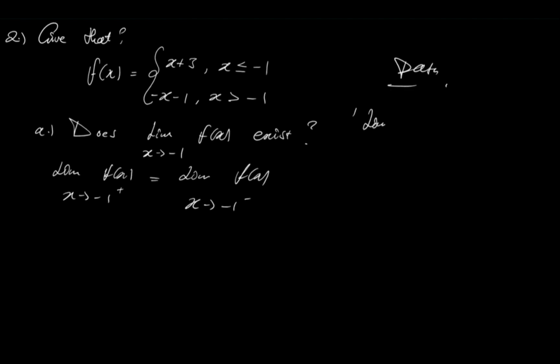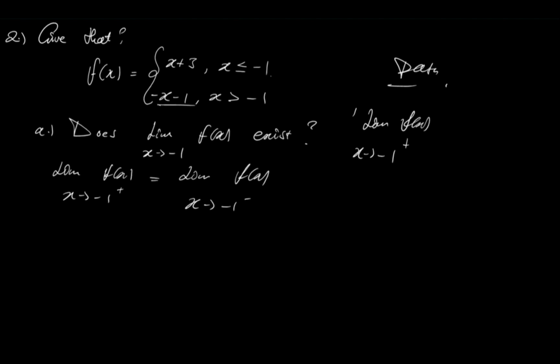We can check the limit of f of x as x approaches negative 1 from the positive. From the positive hand side, we're looking at values that are greater than negative 1. Because if we get x being less than or equal to negative 1, then we're not looking at the values that are greater than negative 1, but we need x being greater than negative what? 1, because we're trying to look at the values where x is approaching negative 1 from the positive hand side.